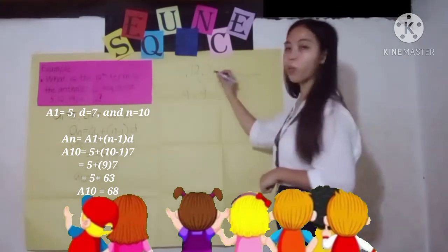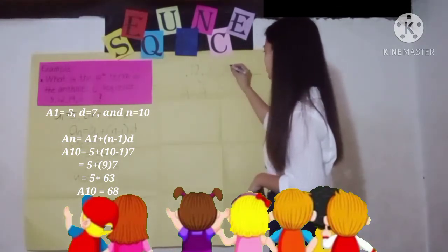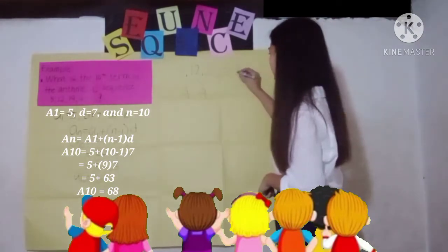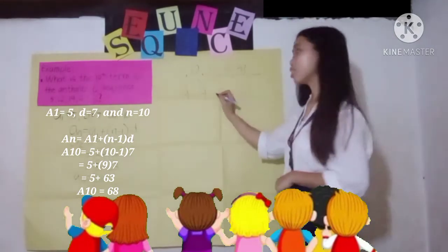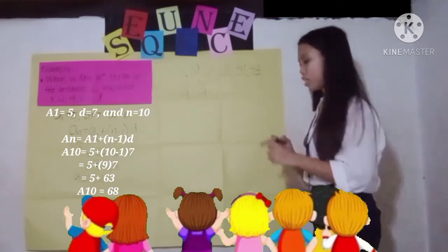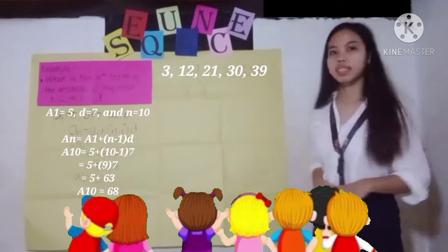So then 21 plus 9 is 30, and 30 plus 9 is 39. 39 plus 9 is 48. And these are the missing terms.